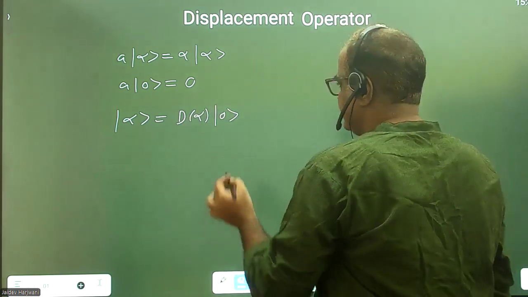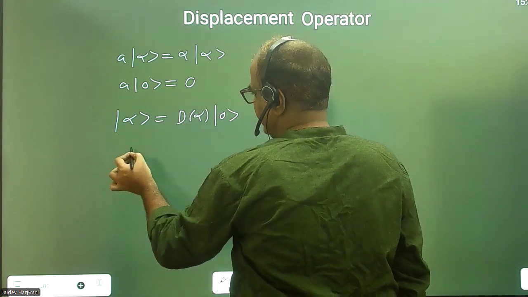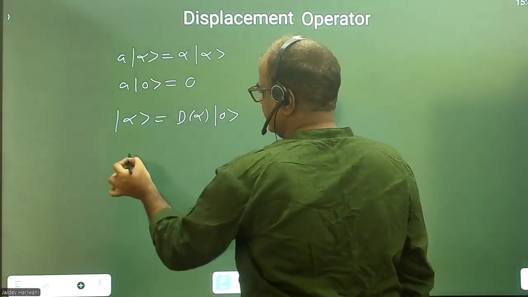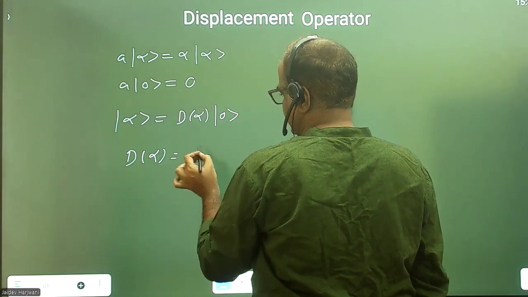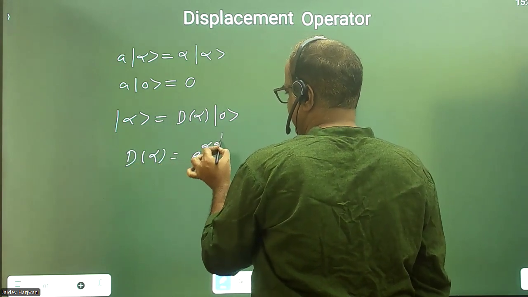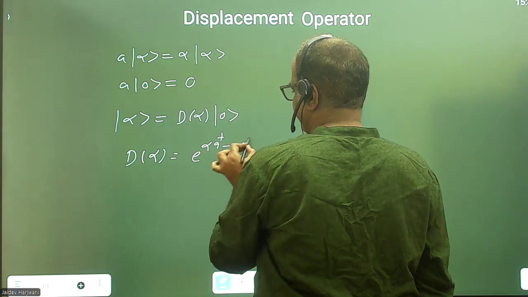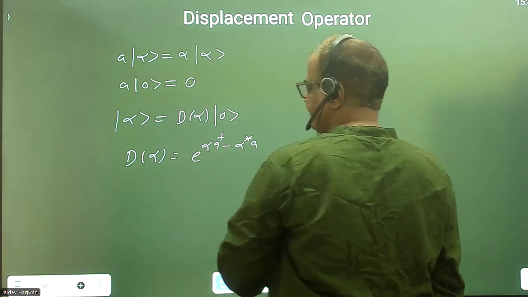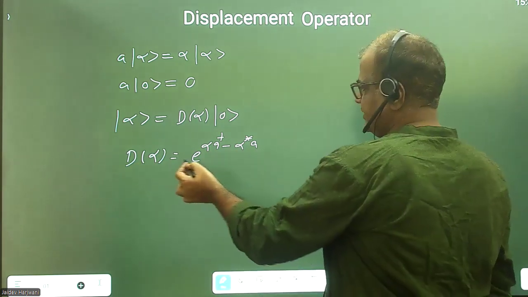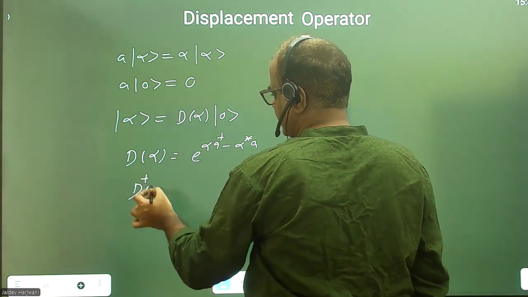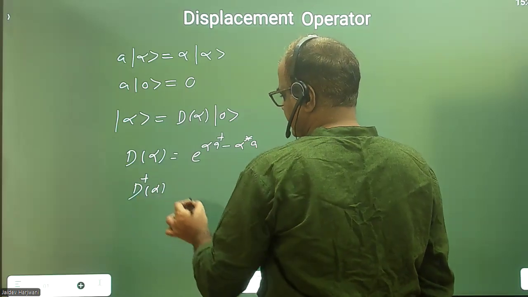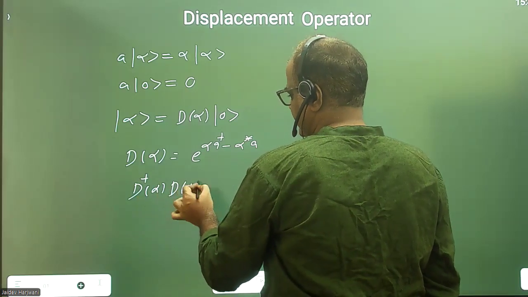Now, say this operator, I define D alpha as e power alpha a dagger minus alpha star a. Now, this operator is unitary. If I take D dagger alpha, what will come?